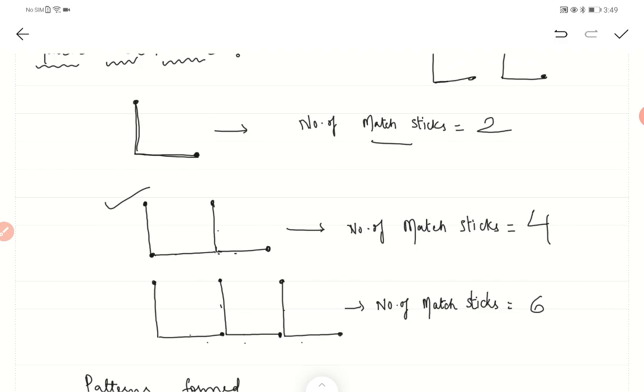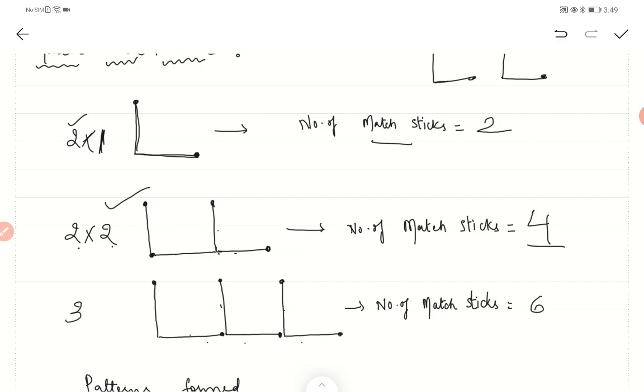So look at this pattern. For 1 L, I need 2 matchsticks, so 2 into 1 is 2. For 2 Ls, 2 into 2, I need 4 matchsticks.